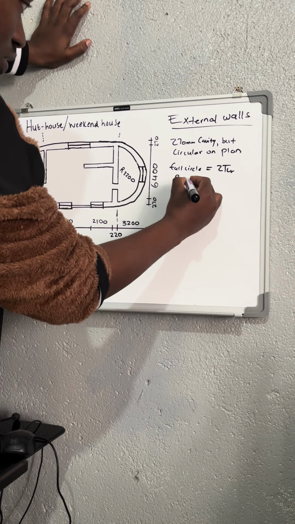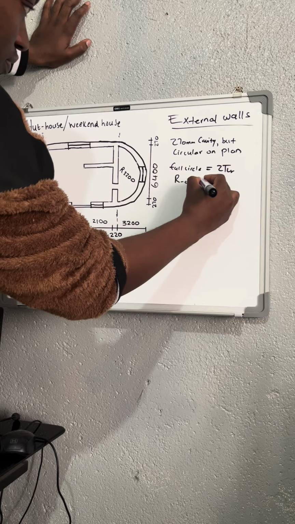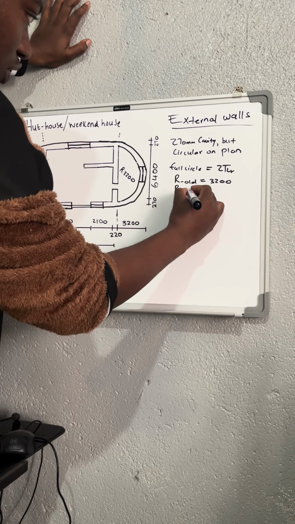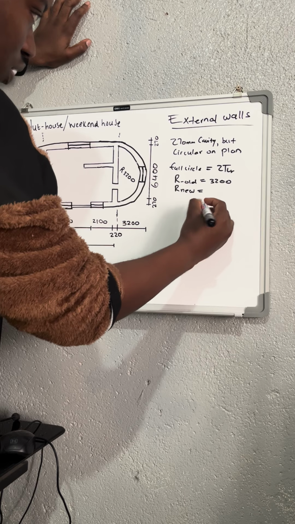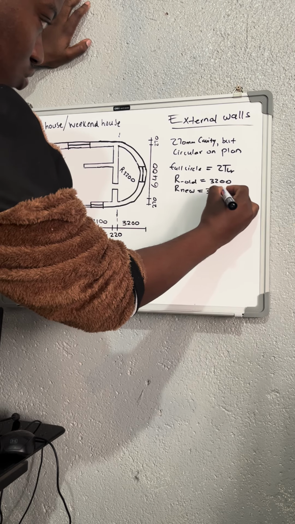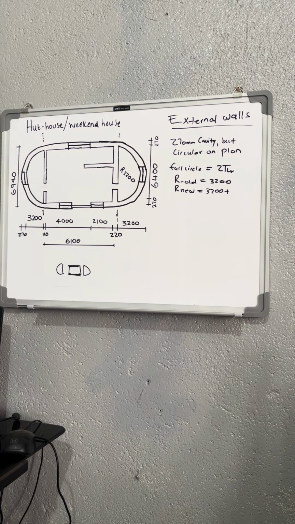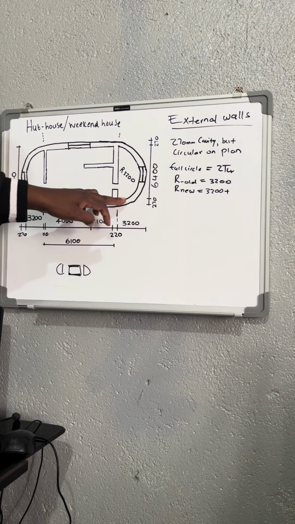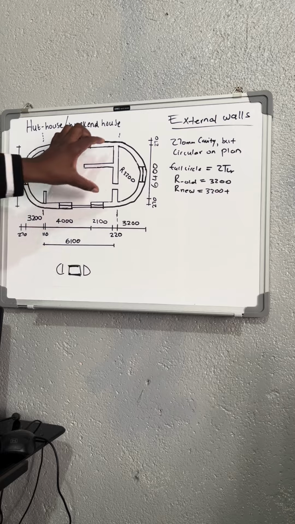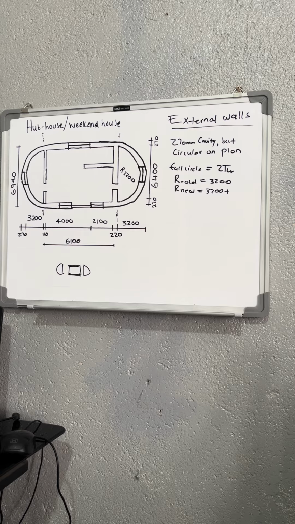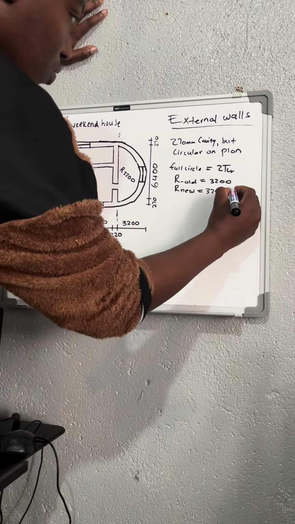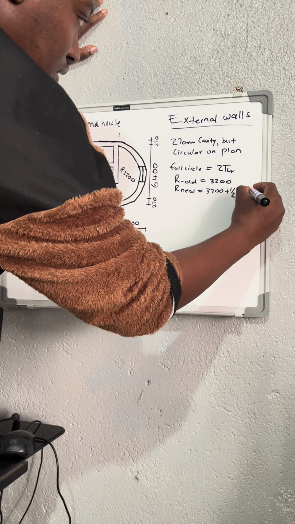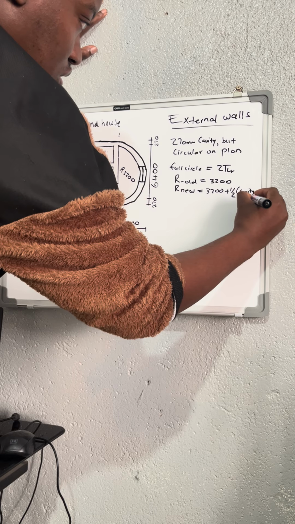Our R, let me just call it R old. It was 3200. Then it means our R new is going to be this 3200 plus what? You remember how we found our radius or our center line for this wall? We just took half of this cavity wall.